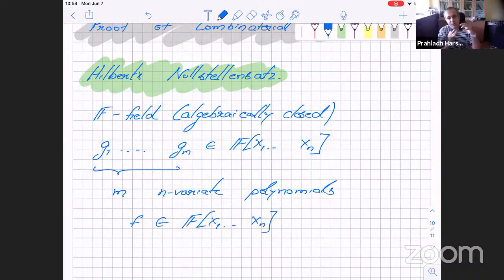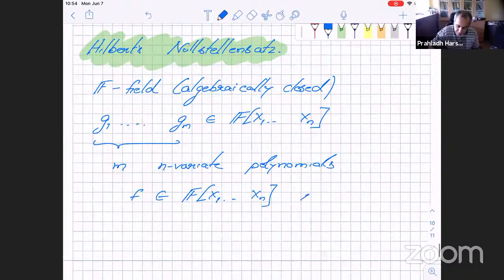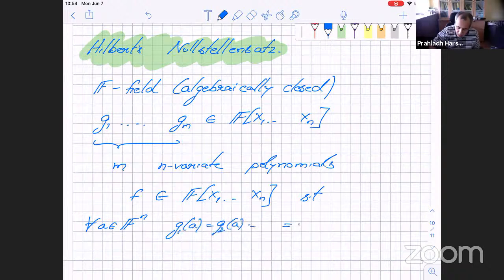Suppose I give you these m n-variate polynomials and a special f, such that for all points a in F^n, if g1(a) = g2(a) = ... = gm(a) = 0, that also happens to be a zero for the function f.